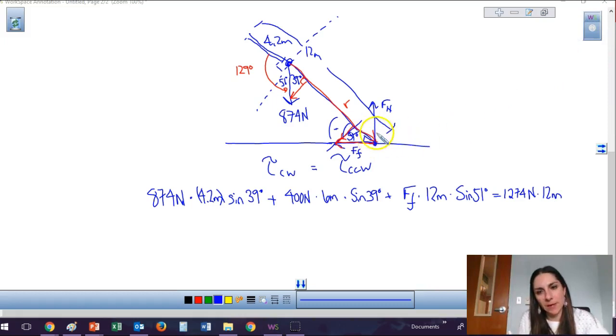Notice that if this angle is 50 degrees, then the angle right here is going to be 39 degrees. And the 39 gives us the component of the force, so sine 39, like that.